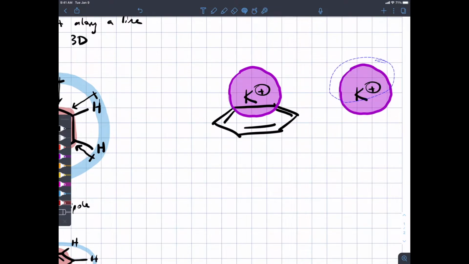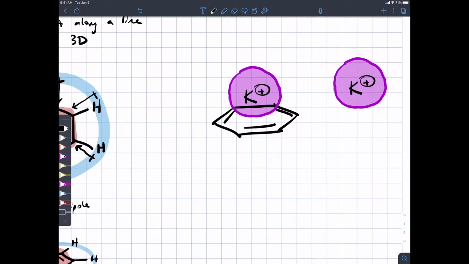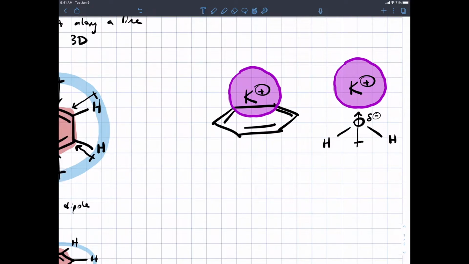That would be an example of an ion-dipole interaction, wherein water, oxygen being more electronegative than hydrogen, the oxygen has a partial negative charge. The net dipole of the molecule is in this direction. But if you measure the strength of the interaction, it's actually stronger for the interaction of potassium with benzene.